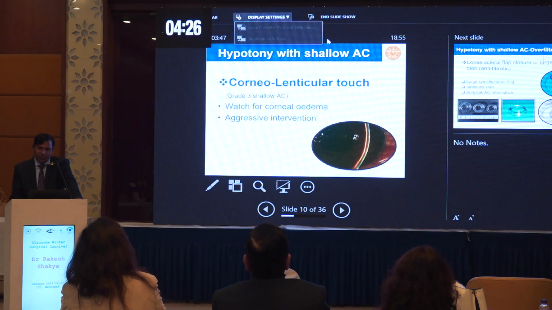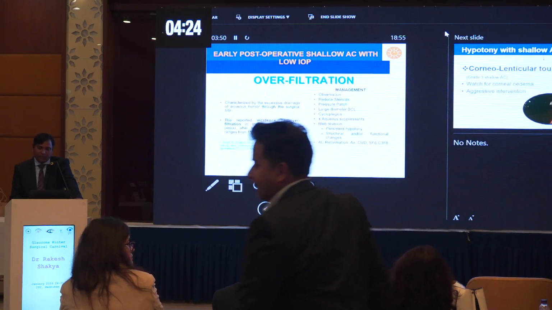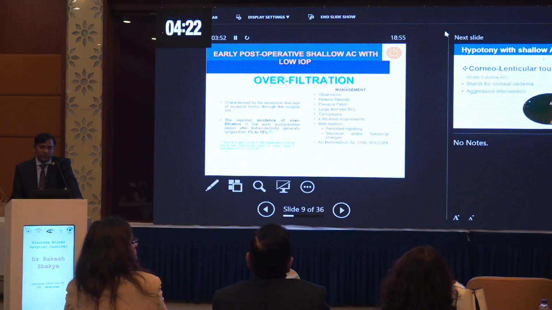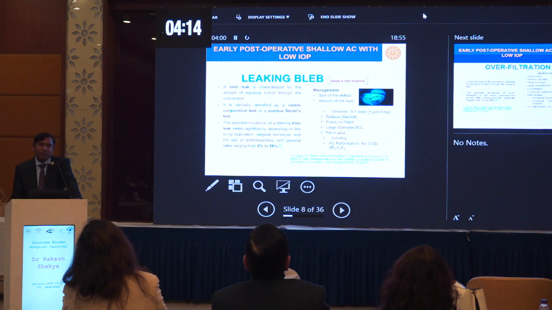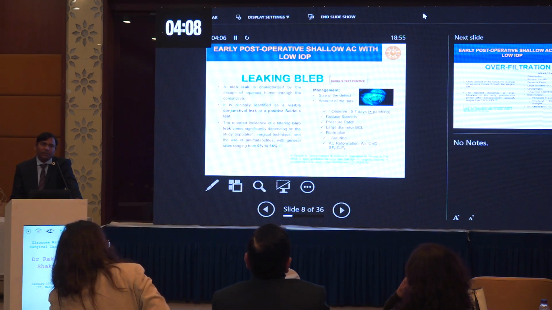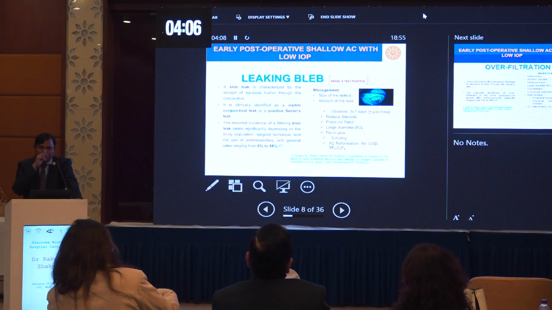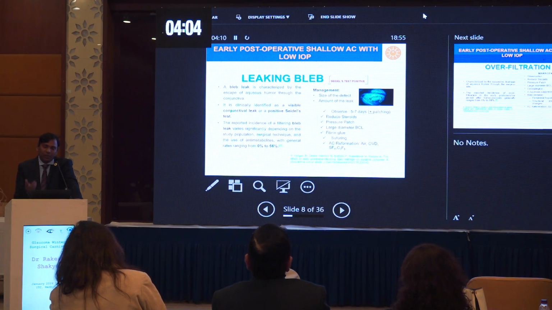When the patient comes with a bleb leak or sometimes overfiltration, you can wait for 5 to 7 days, and then do patching in this type of case, and sometimes reduce the steroids and put a pressure patch over it. And if the Seidel test is positive again, you have to do surgical intervention.